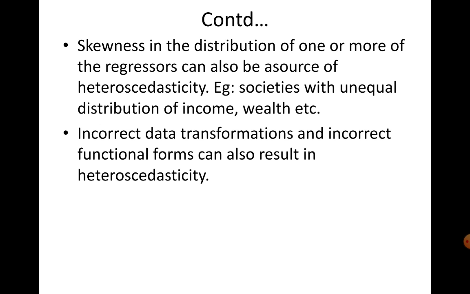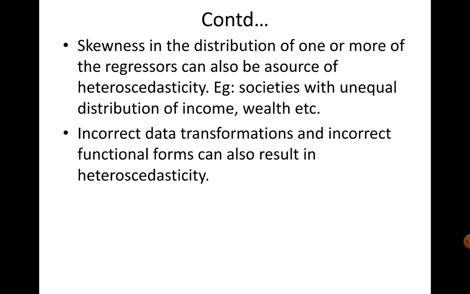Skewness in the distribution of one or more regressors can also be a source of heteroscedasticity. Typical examples would be when you're studying income distributions or wealth distributions, or even, in countries like India, the distribution of land ownership. Empirically and typically we know that these distributions are quite unequal.